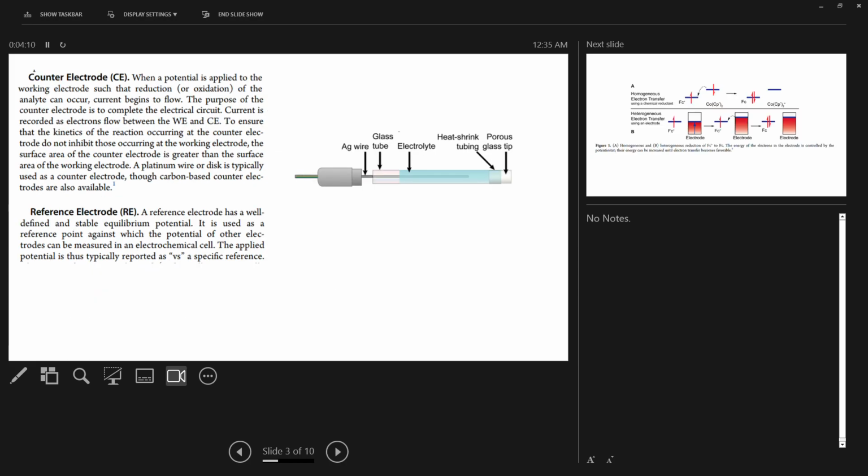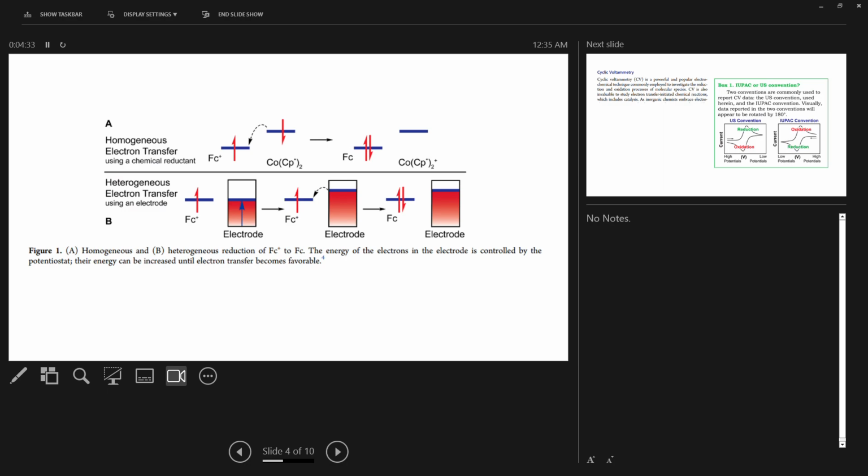There are different types of reference electrode that can be used, like SCE and the standard hydrogen electrode. These types of electrode can be used as a reference electrode in order to measure the correct potential supplied to the working electrode. For example, in this case, the HOMO, the highest occupied molecular orbital, of this Cp is higher as compared to the lowest unoccupied molecular orbital of ferrocenium.